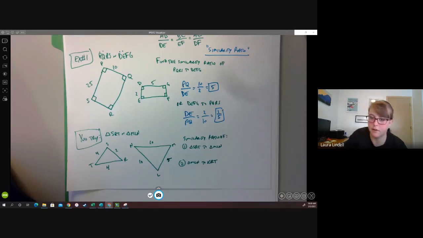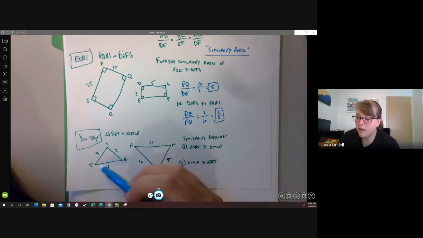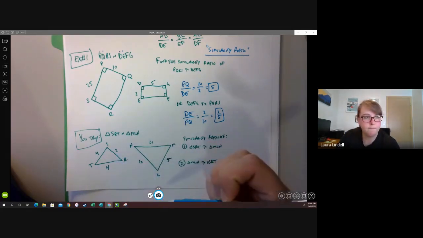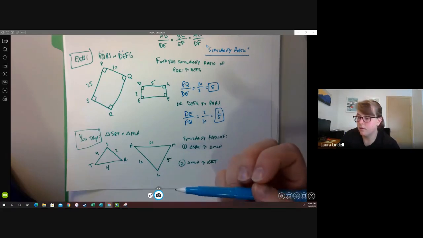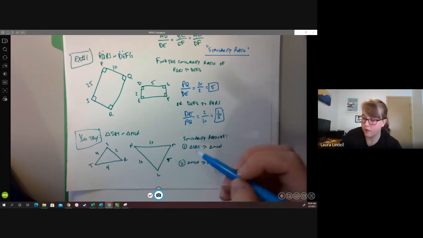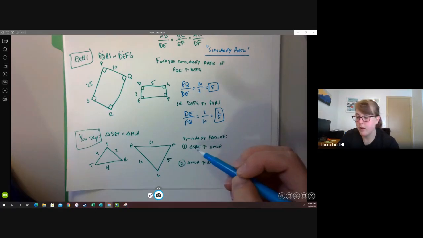All right, let's talk about this one. So we have SRT to MLN. So we can always just pick a side to start with from SRT. Anyone have a particular side length you'd like to start with?